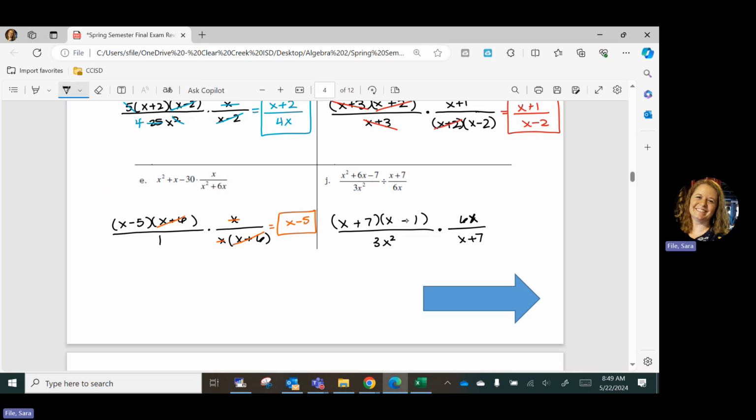So we want positive 7 and negative 1. So then when I go to reduce, it's the x plus 7 that will reduce. And then this 6 and 3 will reduce. 6 over 3 is just 2. And then one of the x's from the denominator will eliminate that x in the numerator. So we're left in the numerator with 2x minus 1. And in the denominator, we're left with just that single x.